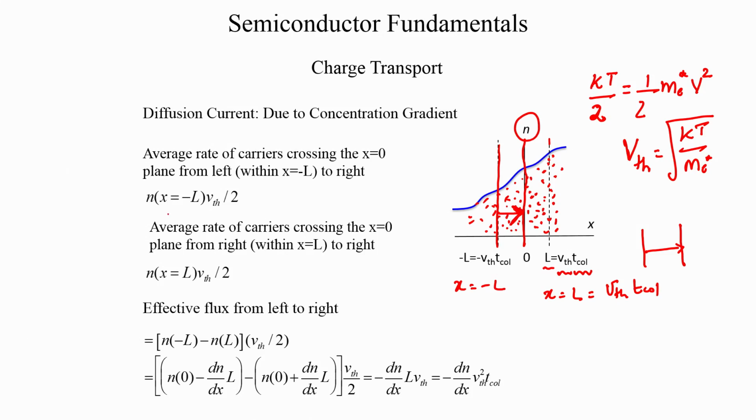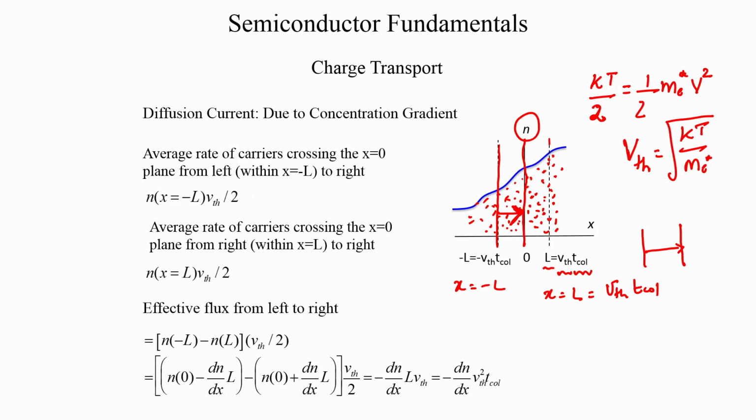So, we will say that n by 2 carriers are moving towards the right, and they all have a velocity of Vth. Therefore, the effective flux, or the number of carriers per unit area moving in a given time interval from left to right, is n at x equal to minus L times Vth by 2, okay.